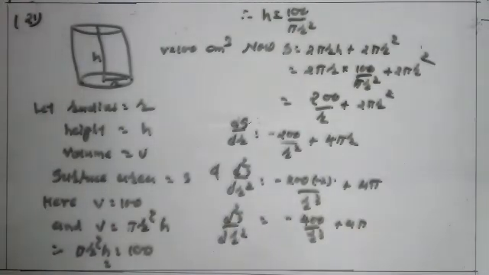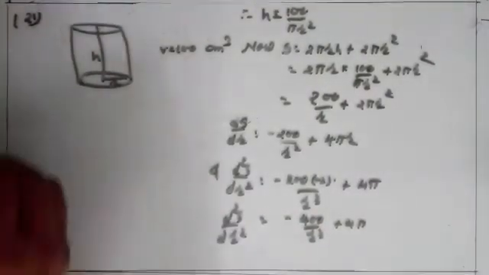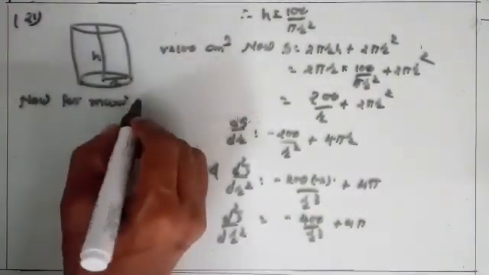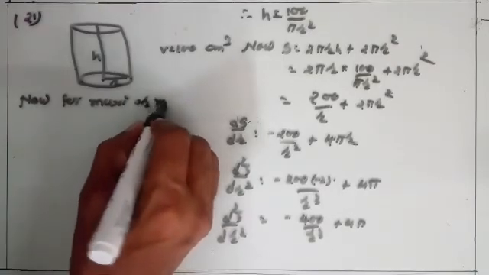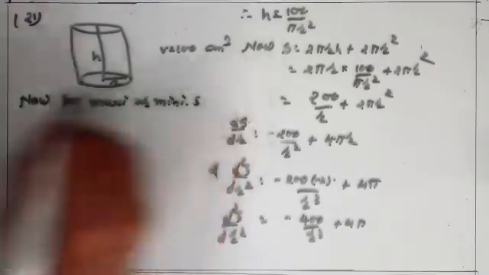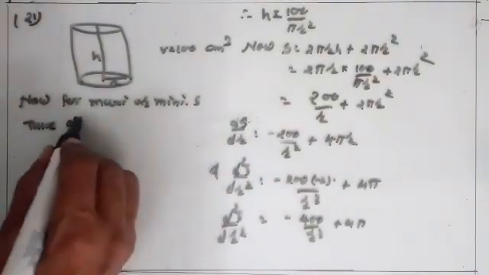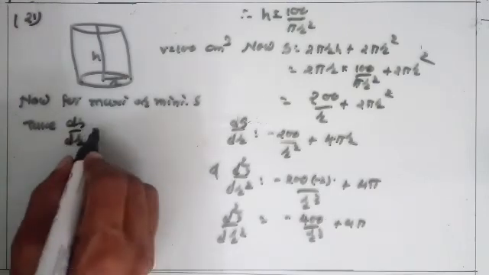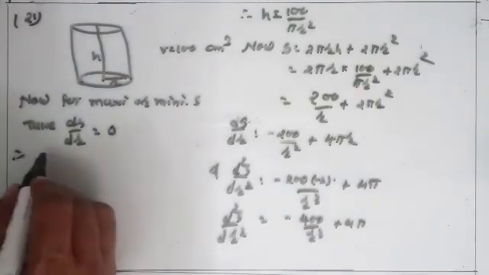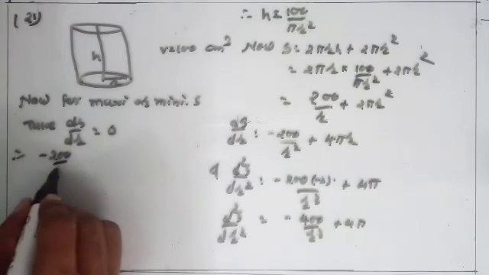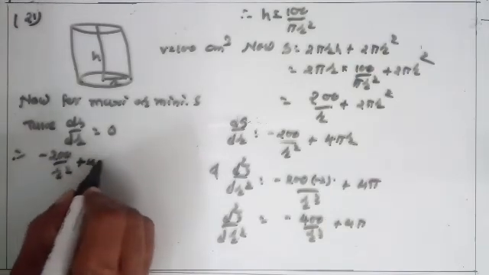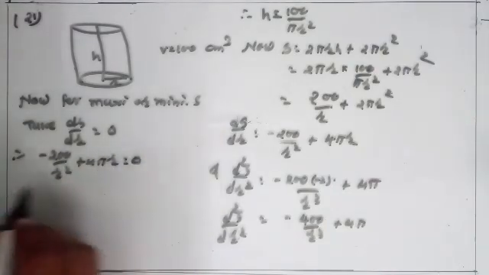Now for maximum or minimum S, take the first derivative dS/dr is equal to 0. Therefore minus 200 upon r square plus 4 pi r is equal to 0.